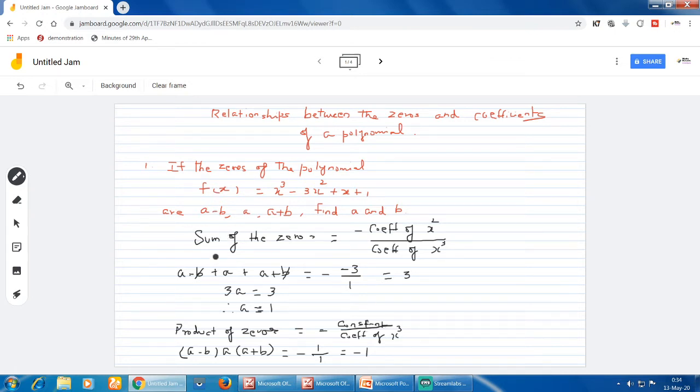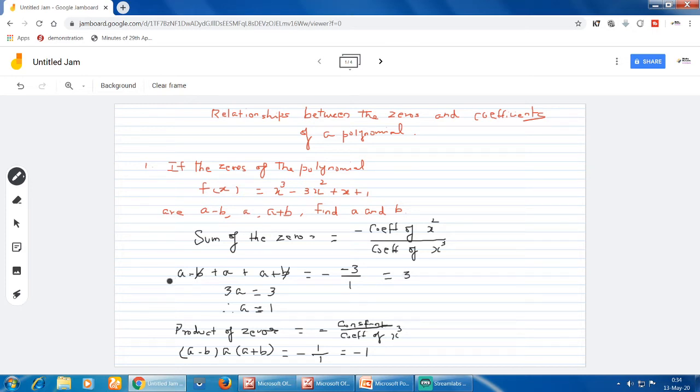See this, sum of zeros. First we are going to find the sum of zeros. The formula is minus coefficient of x square divided by coefficient of x cube.